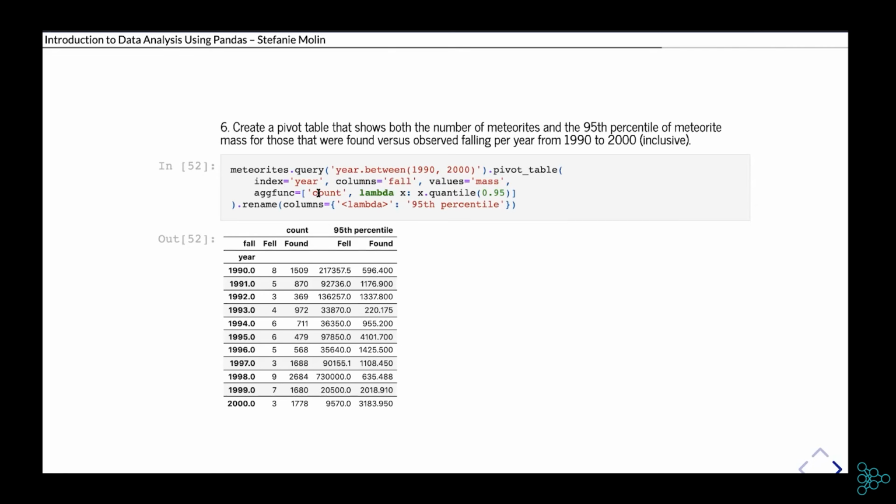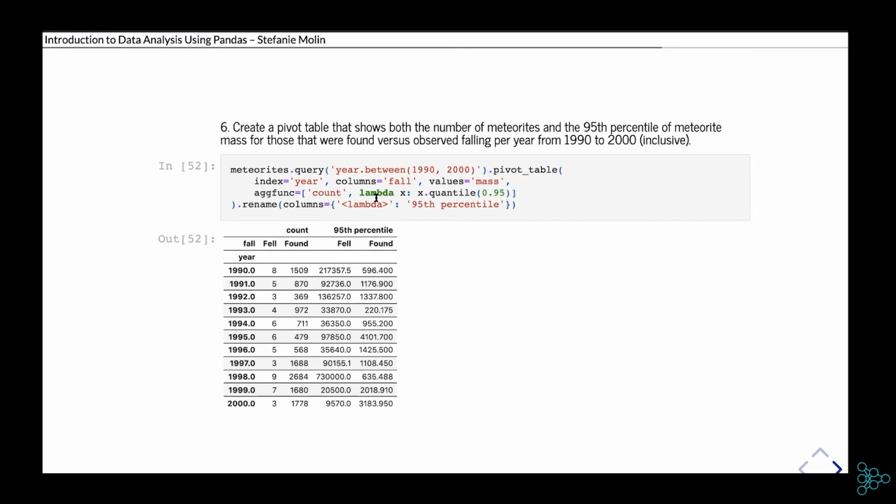So in this case, we're getting the count, but we're also specifying that we want the 95th percentile. Now, since there's no method directly that will give you that 95th percentile, you actually had to create a lambda in this case, and then specify already that you wanted the 95th by plugging it in there.